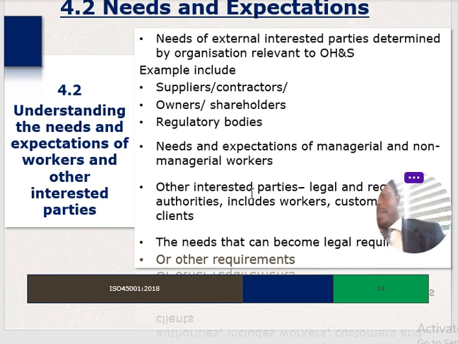Examples of external interested parties include suppliers, contractors, owners, shareholders, and regulatory bodies. The needs of all of these have to be considered when you are drafting your OH&S management system. Like I said earlier, the needs of staff, managerial and non-managerial, also have to be considered.